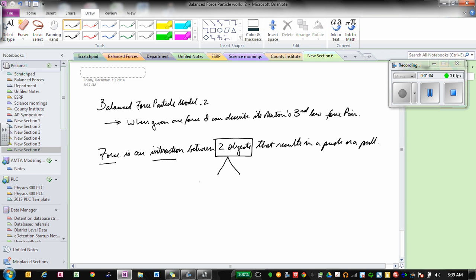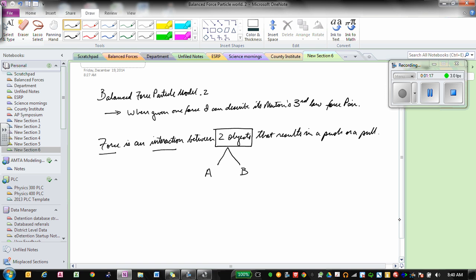So object A has its point of view. What does the force look like if you're object A? And then what does the force look like if you're object B? And this idea that there's this pairing comes really from our definition here. So let's say we have a normal force, which we'll label Fn. Using on-by notation, that would be Fn on A by B. By definition, we have another point of view of the same interaction.